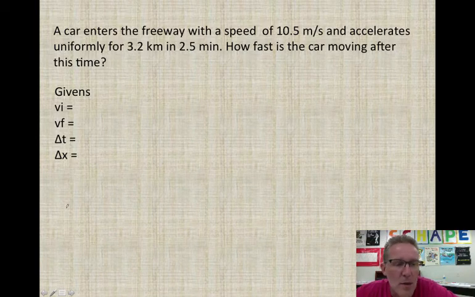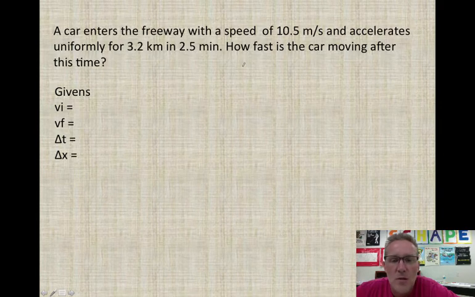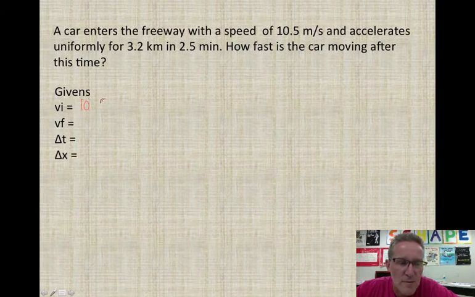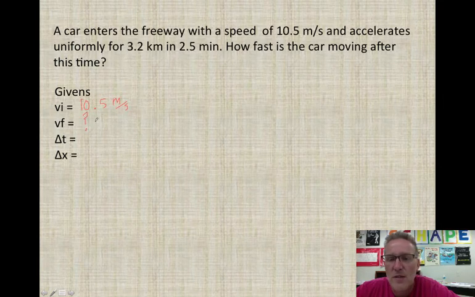So it enters the speed with 10.5 meters per second. So that's going to be the VI. So 10.5 meters per second. And then the VF is what we're trying to find. This is how fast is the car moving after this time.